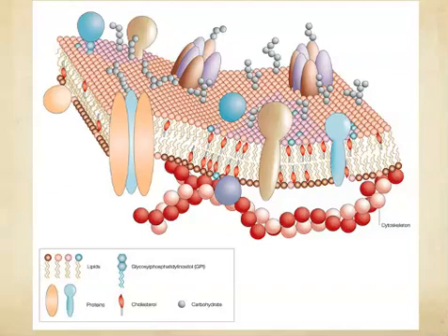There's an asymmetry in the presence or absence of carbohydrate. There's an asymmetry in how the cholesterol is distributed, and the cholesterol is shown in red in this diagram. And there's an asymmetry in how the proteins are distributed.